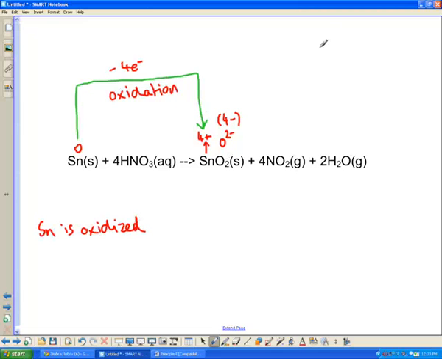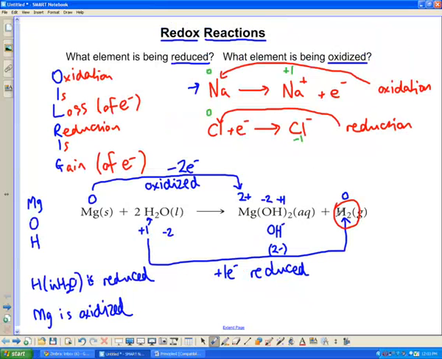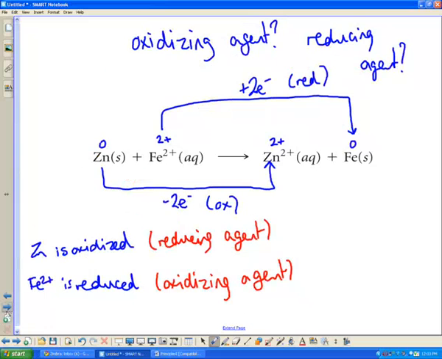But now we've got to figure out between the hydrogen, oxygen, and the other element present, nitrogen, which has been reduced. Well, do we have any other elements by themselves? No. Pretty much the only time you're going to see oxygen or hydrogen being reduced is when you see O2 or H2, as you did here, on the product side of the equation, or the reactant side.